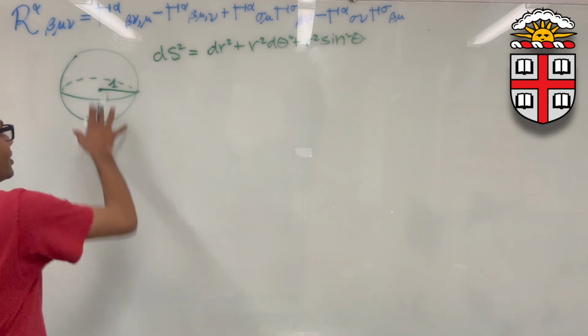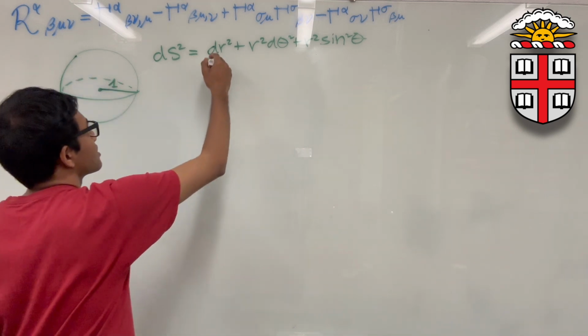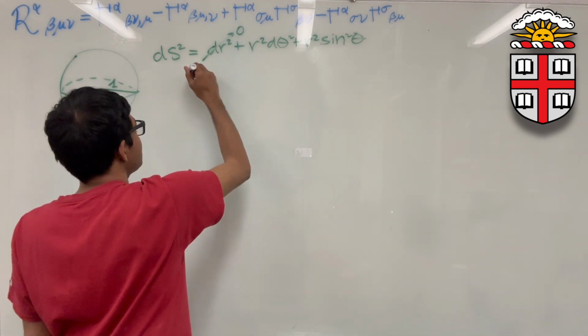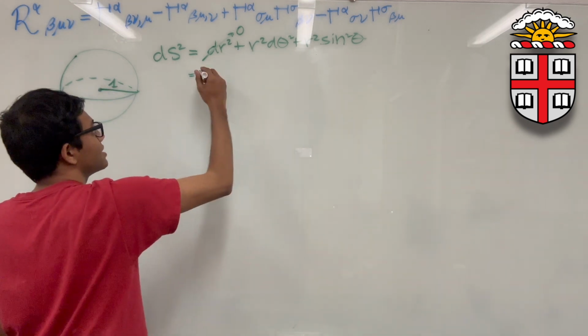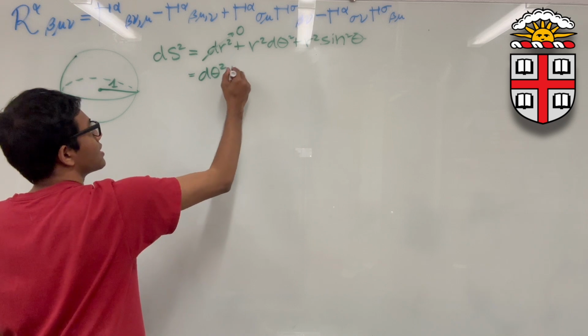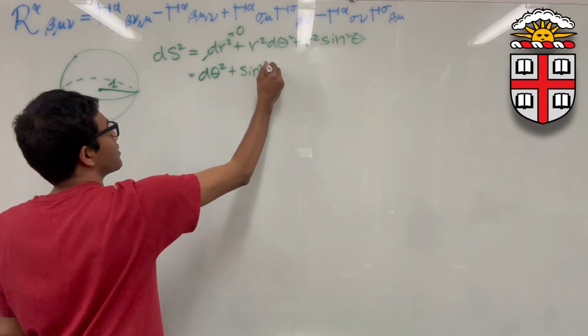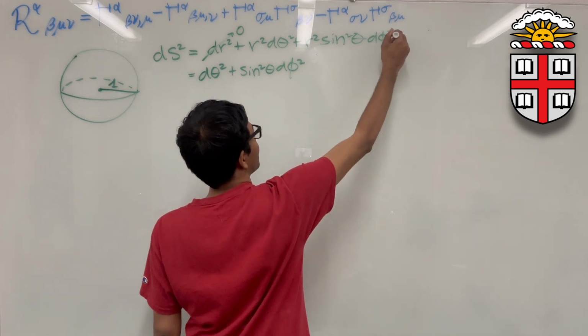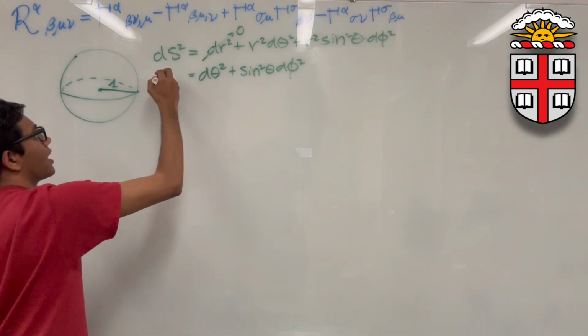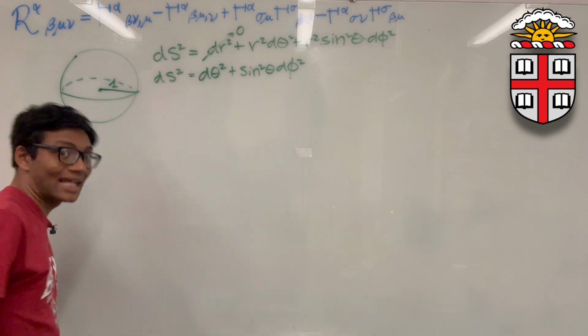The radius of this sphere is not changing, so dr squared is 0. In fact, r is fixed to be 1, a unit sphere. So that means we have d theta squared plus sine squared theta d phi squared. So here's our metric, and it's very simple. It only depends on theta and phi.